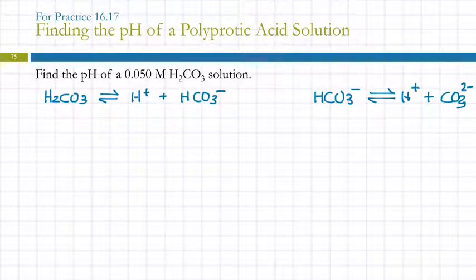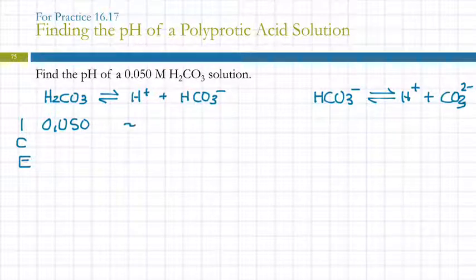So let's set up an ice table. We're going to start with 0.050 molar H2CO3, and we're initially starting with essentially 0 of the hydrogen ion and 0 of the hydrogen carbonate ion.